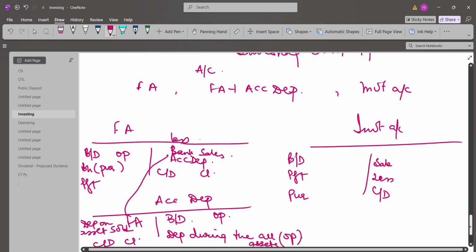That will be treated just like debentures. Say 5,000 is the closing balance, opening was 4,000 for investment, let it be 10% investment. Investment purchased on the first day, then 5,000 into 10% is interest received on investment, which will be our investing inflow. So that's about investing activities.